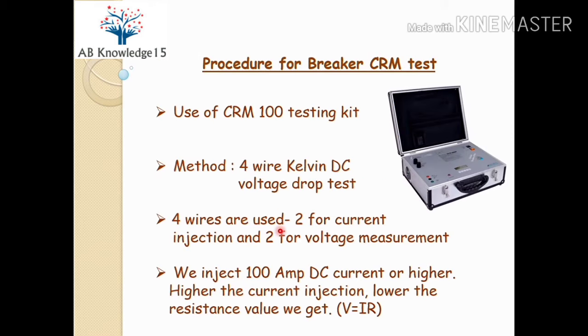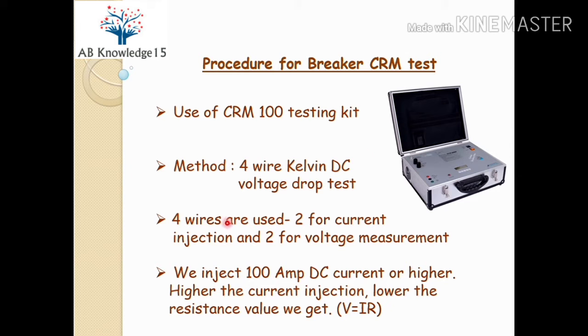Now we will talk about the procedure for the breaker CRM test. For carrying out this test, a kit called CRM 100 from Scope company is available. The kit uses the 4-wire Kelvin DC voltage drop test method.